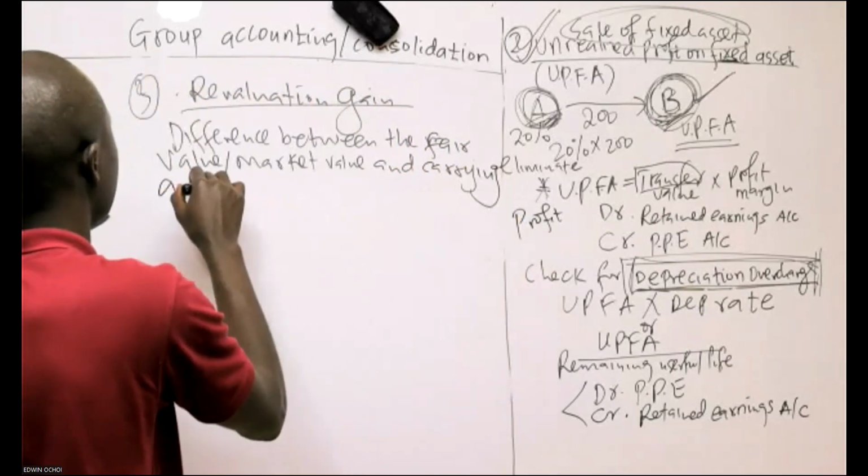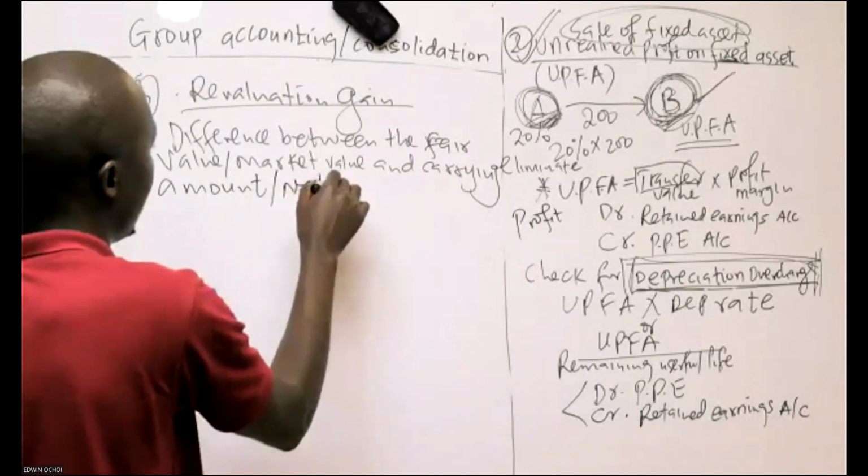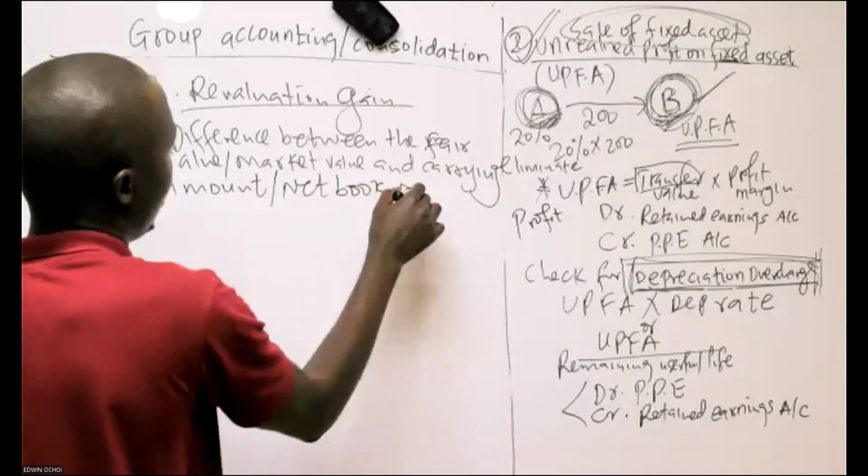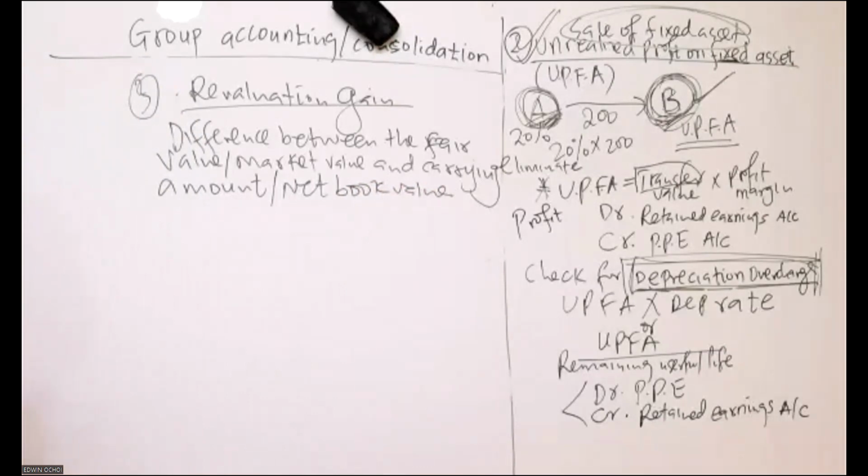The carrying amount is again called the net book value. So the difference between the fair value, stock market value, and the carrying amount.